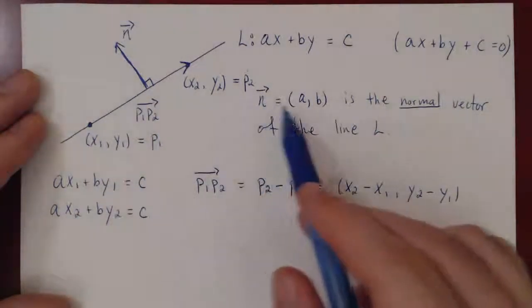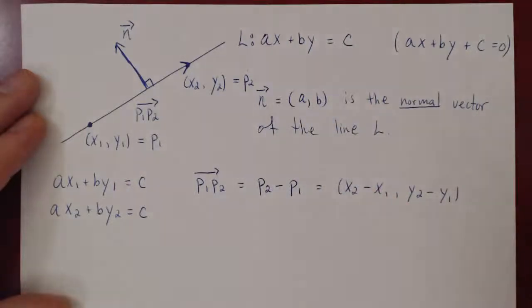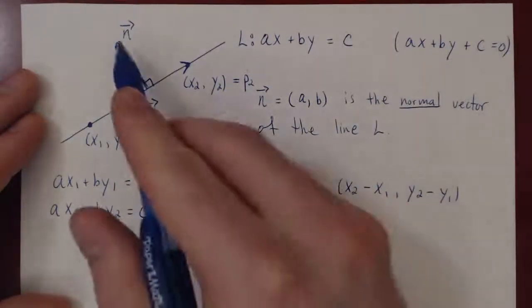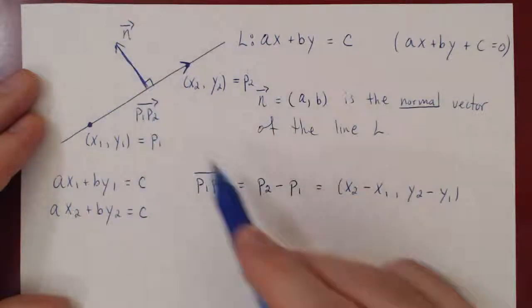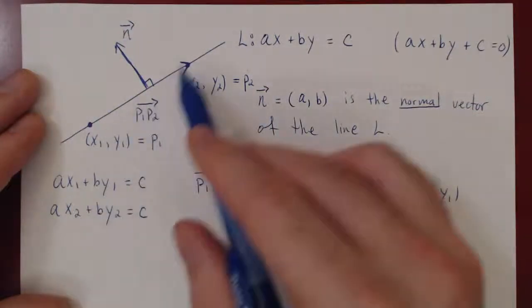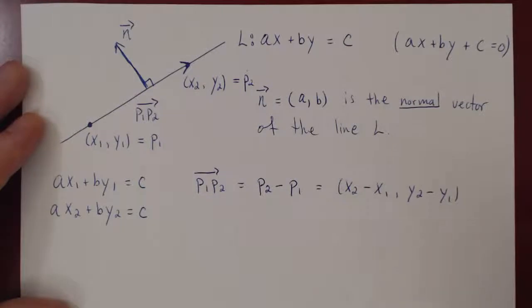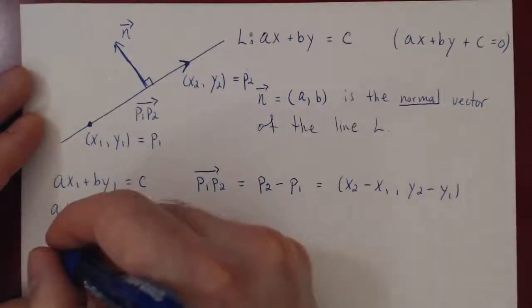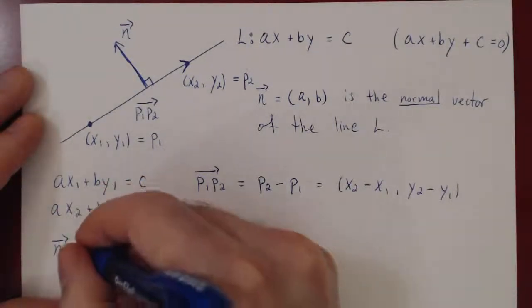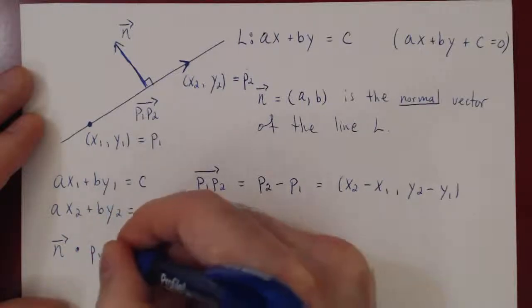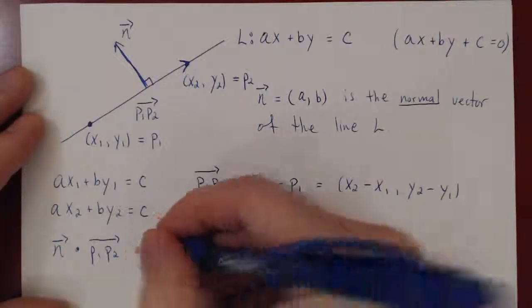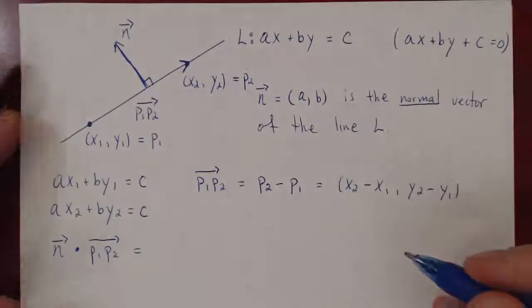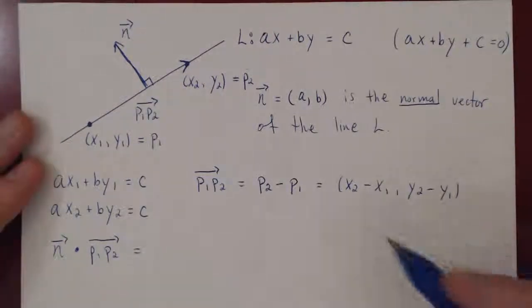The vector n is given by (a, b), and now we use the dot product. We know that the vector n and the vector P1P2 are perpendicular if and only if their dot product is 0. Let's compute the dot product. N dotted with P1P2. Well, to find the dot product, you need the coordinates of the vectors.